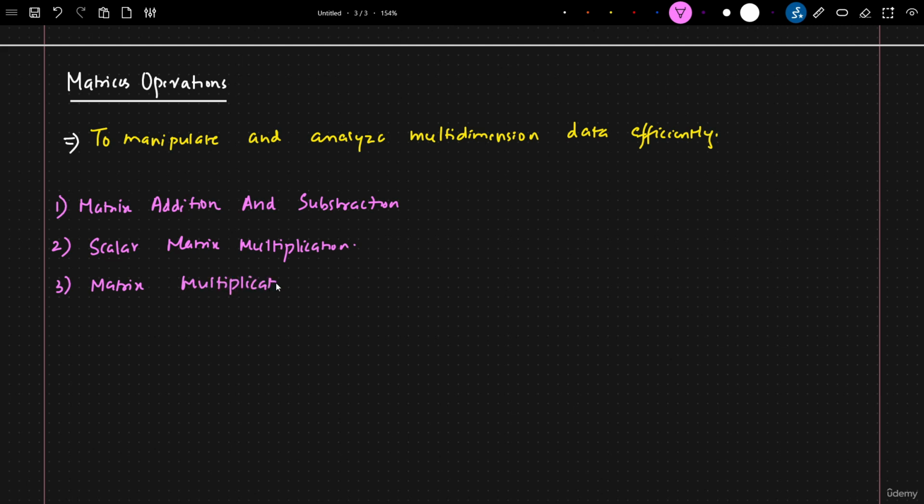So let's go ahead with each and every topic and explore this with examples and how you can use matrices for specific operations. So the first one that we are going to understand is called matrix addition and subtraction.